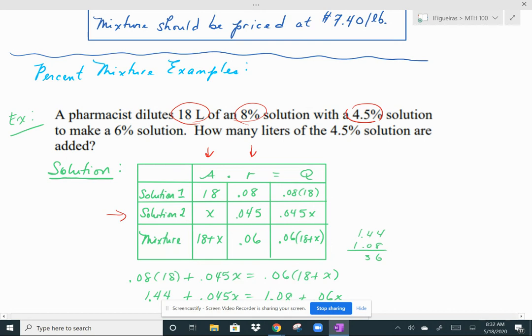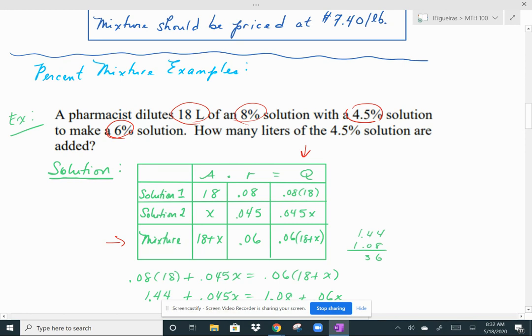And you're creating a new mixture that will have an amount of 18 plus X. So again, add the 18 and the X. And you're told that it has a 6% concentration. All right, so the last column, the quantity column, is the product of the amount and the rate. So the first one is 0.08 times 18.